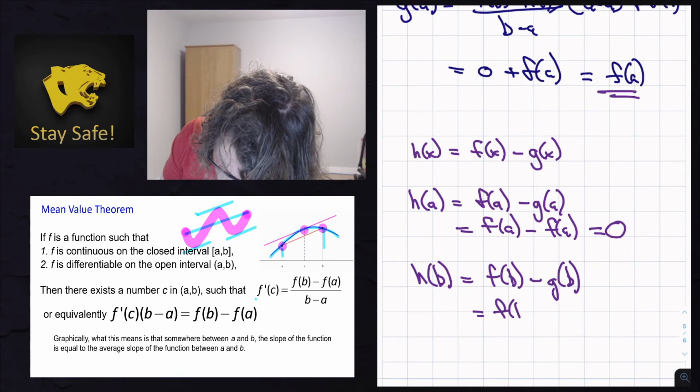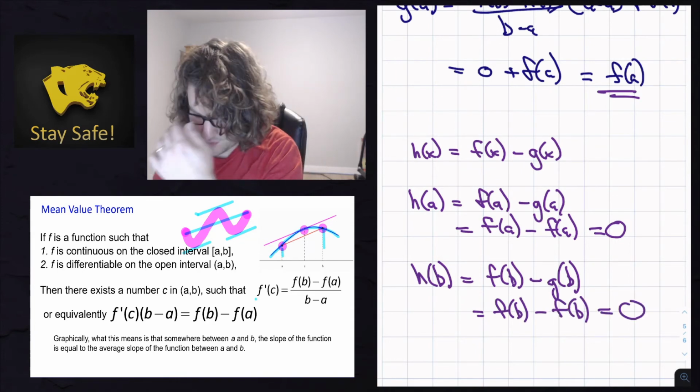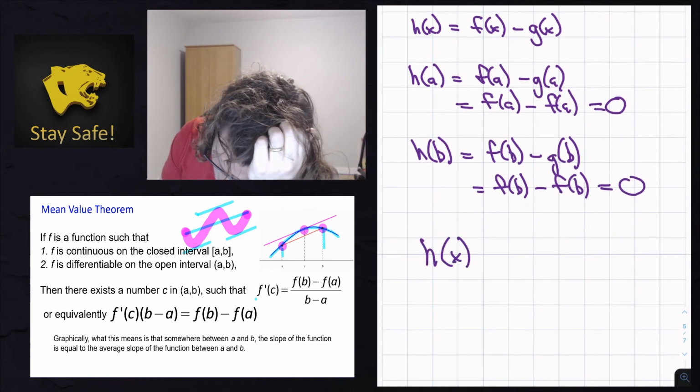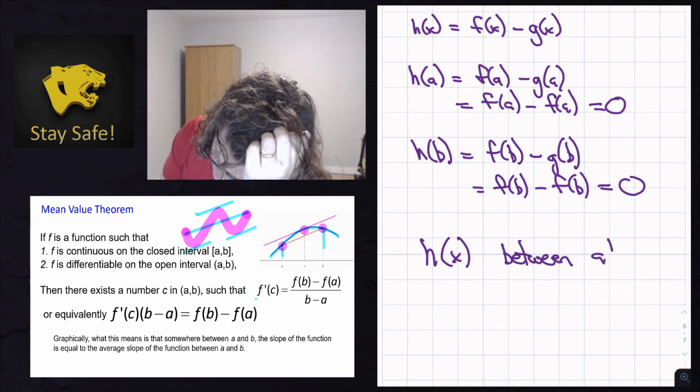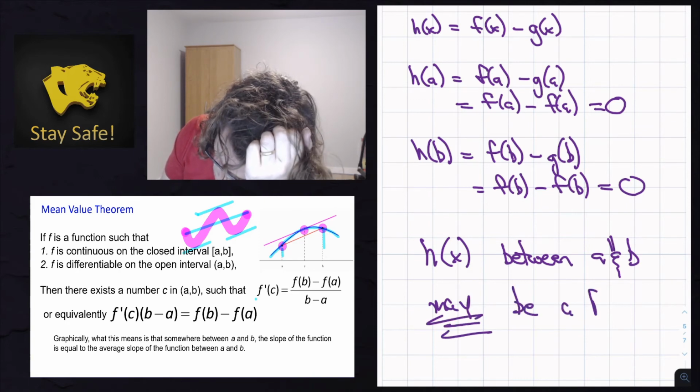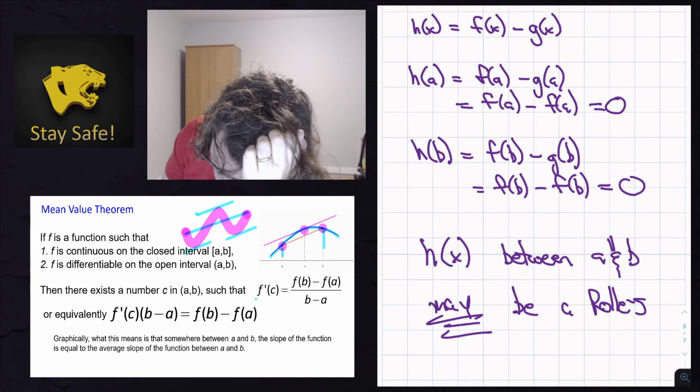So that's f of b minus f of b, which is equal to 0. So h of x between a and b may be a Rolle's theorem function.